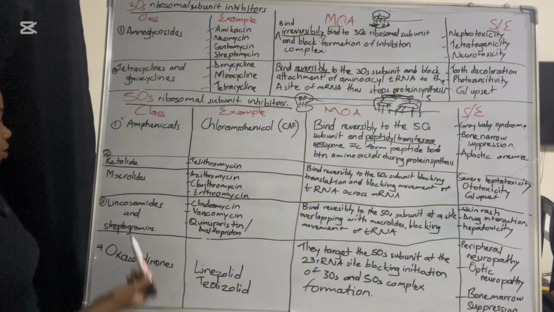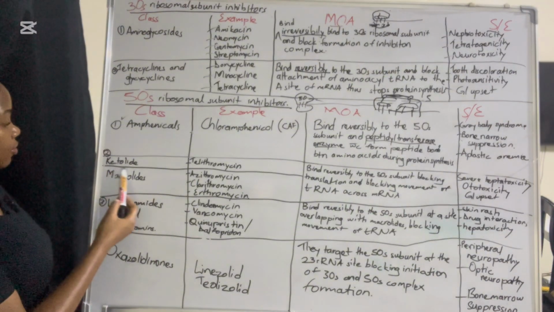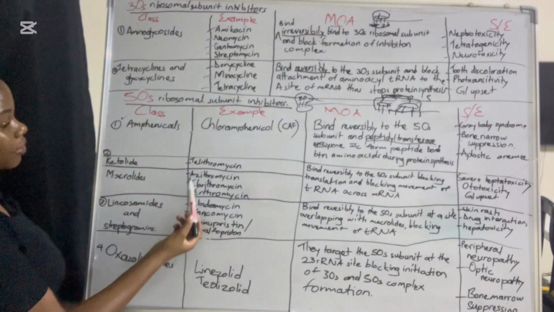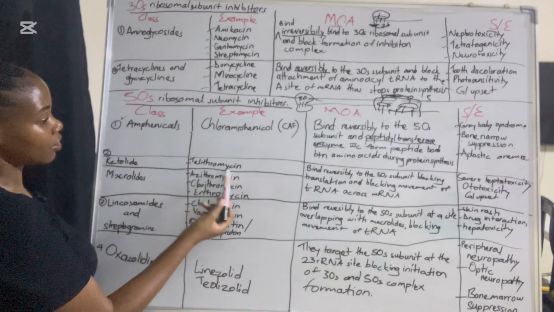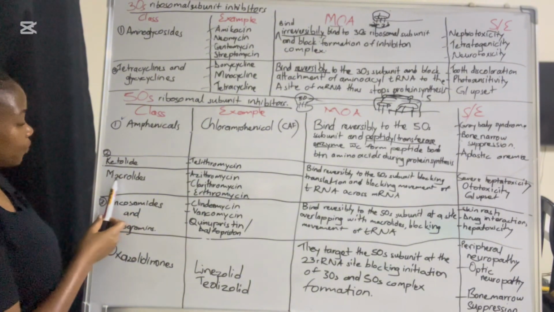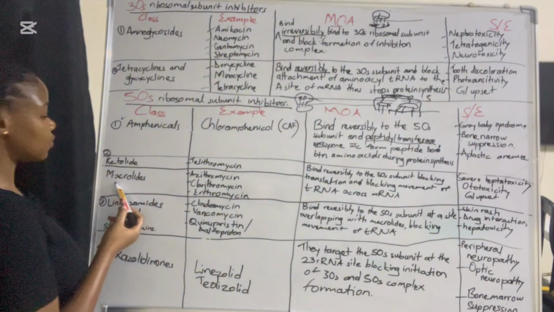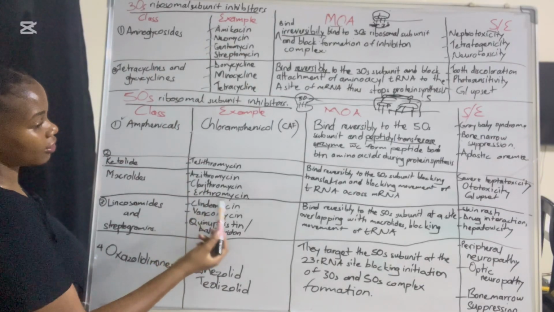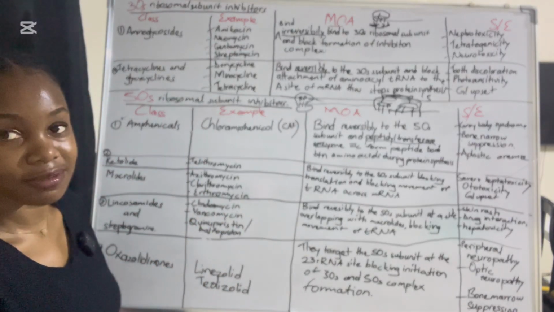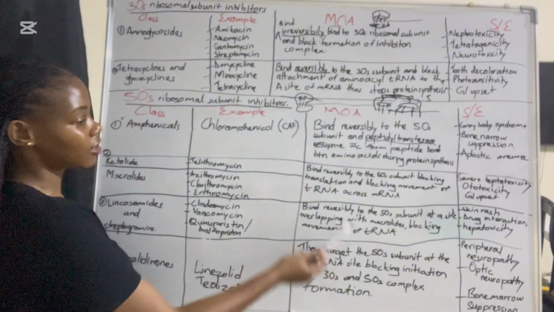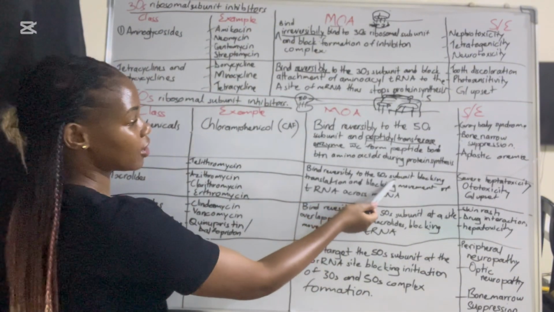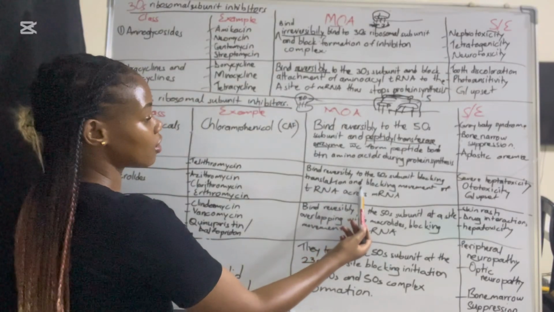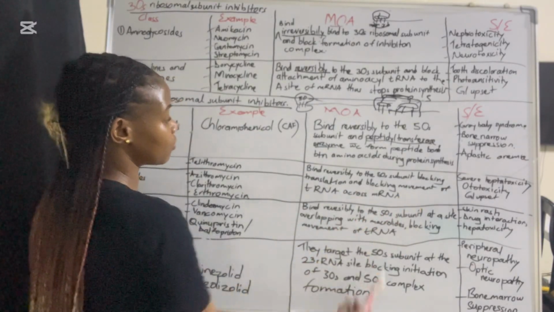Another class of drugs we have are ketolides and macrolides. For the ketolides, the main example is telithromycin. For the macrolides, we are having azithromycin, clarithromycin, and erythromycin. What is the mechanism of action? They bind reversibly to the 50S ribosomal subunit, blocking translation and movement of the transfer RNA.